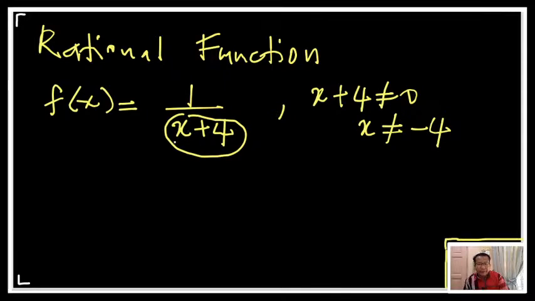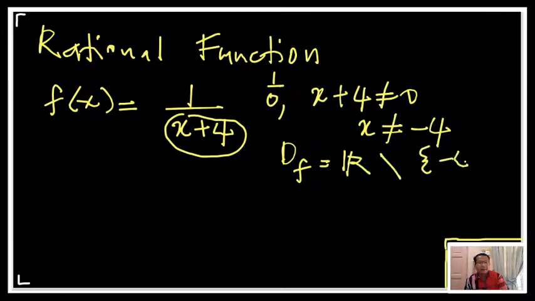If you substitute -4 inside here, -4 + 4 is equal to 0. So you get 1 over 0. It doesn't exist. So the domain of f is all real numbers except for -4.